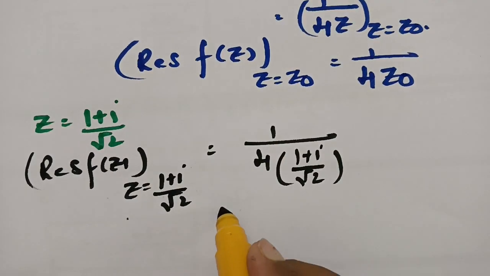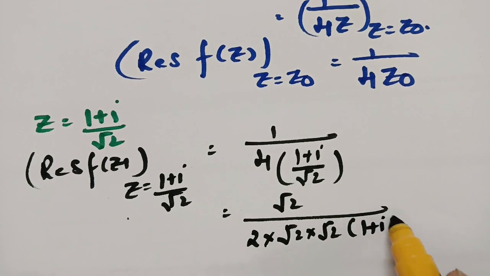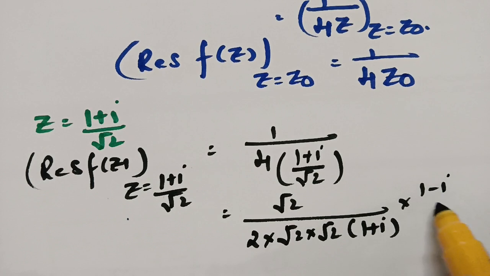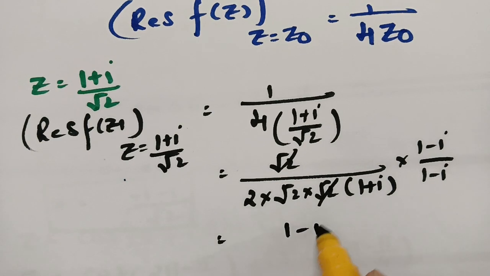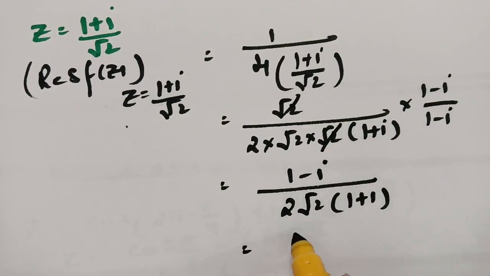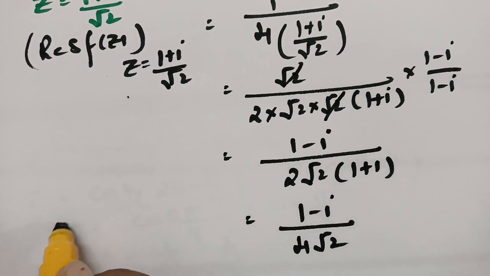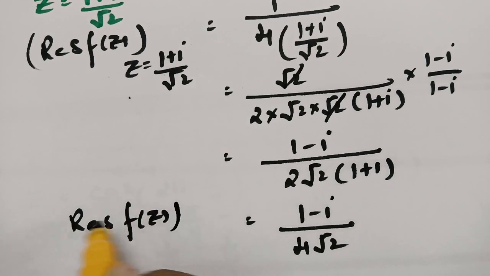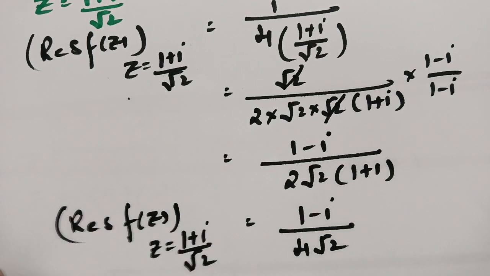If I send root 2 to the numerator, and 4 can be written as 2 into 2, and 2 again can be written as root 2 into root 2, we get 1 by (1 plus i). If I rationalize this by multiplying with 1 minus i in the numerator and denominator and cancelling root 2, this will be (1 minus i) by 2 root 2, and a plus b into a minus b is a square plus b square. So the value here is (1 minus i) by, 2 twos are 4, 4 root 2. So this is our residue value of f of z at z is equal to (1 plus i) by root 2. This is our first residue value.